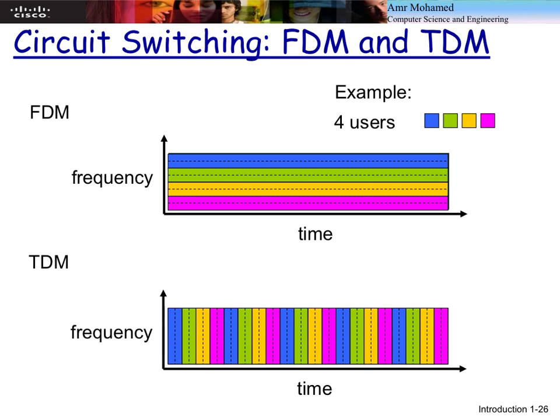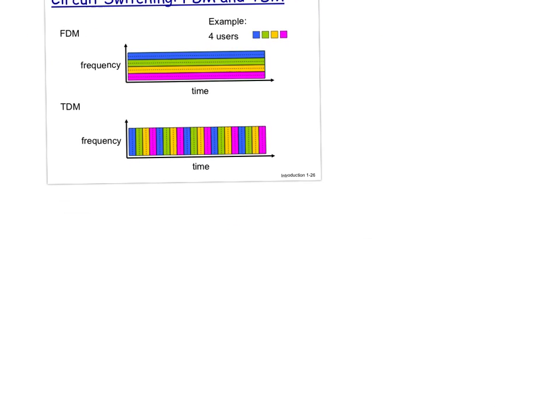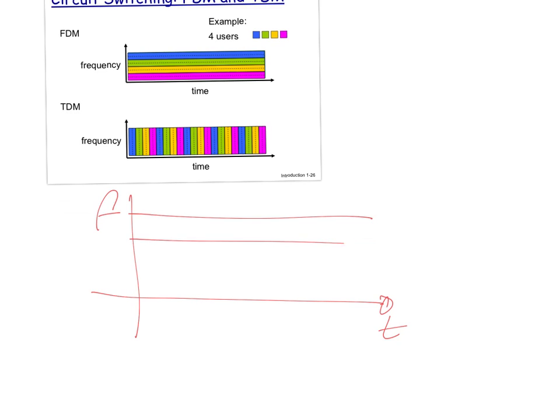It can be both, like GSM. GSM divides the channel into frequency ranges and time slots. So the channel will be something like this. This is time and this is frequency.